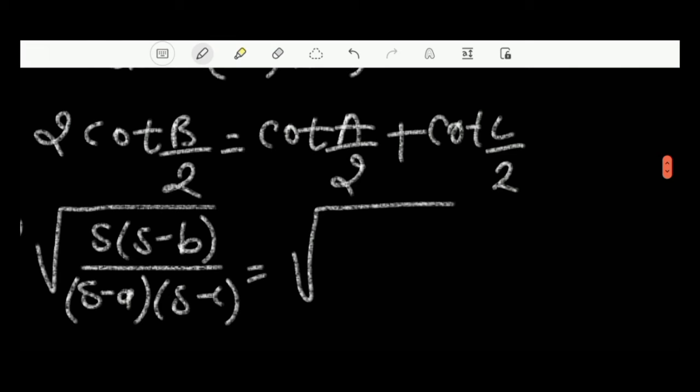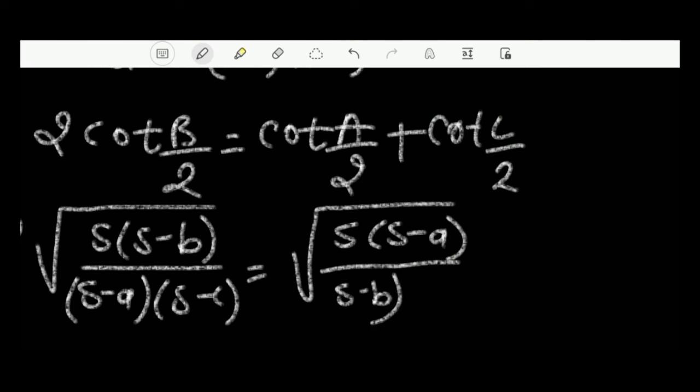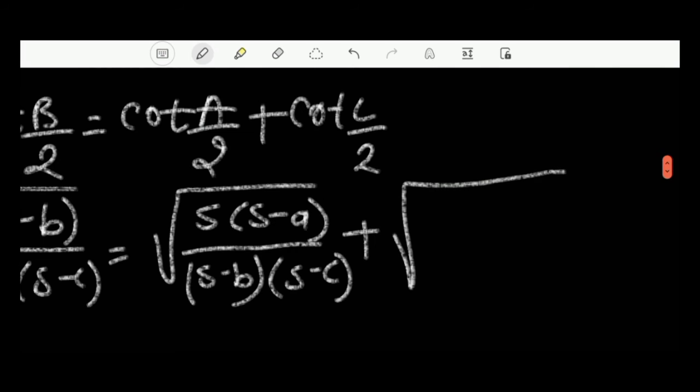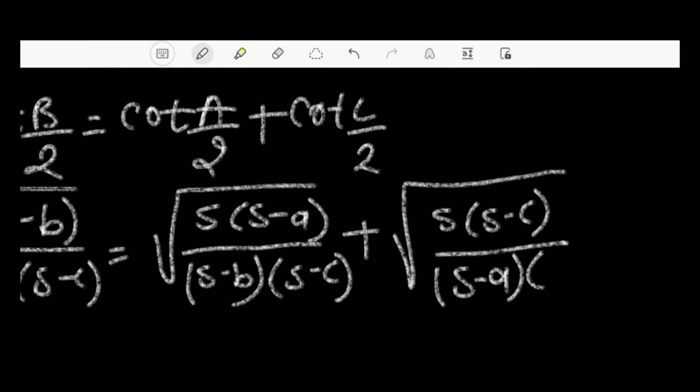Similarly, inside the square root we'll get that s multiplied by s minus a divided by s minus b multiplied by s minus c, and further s multiplied by s minus c upon s minus a, s minus b.